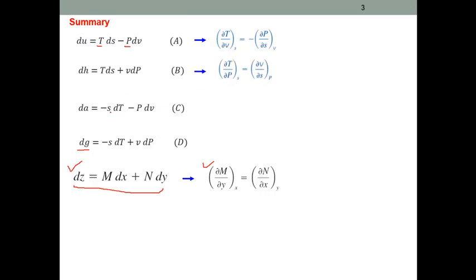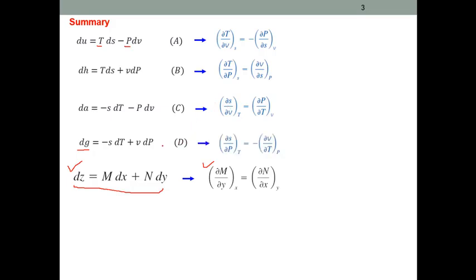Similarly for this one, we can write down the partial derivative of s with respect to v. Similarly, that should be equal to the partial derivative of P with respect to T. We have to take these signs into account, because here we have positive, but sometimes in the equation we have negative. Here we have negative and here negative, so negative will cancel out, and we get a positive sign here.